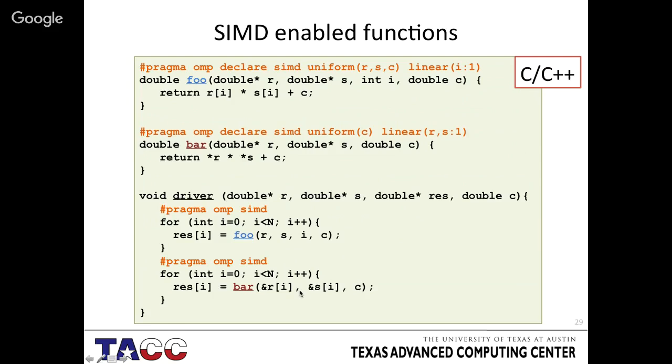For instance, in the case of foo up here, I am going to send not the array, but the pointer, and that pointer is going to be constant. We're just going to increment off that pointer, and that's what that's doing. So for C codes that use a pointer, you specify that that pointer is going to be uniform or constant.